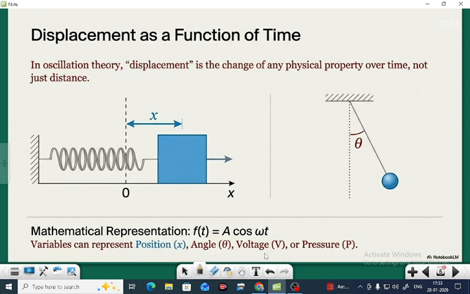It can be angle in case of a pendulum, right? And position in case of a spring, right? So displacement variables can be position, or angle theta, or voltage, or maybe pressure.